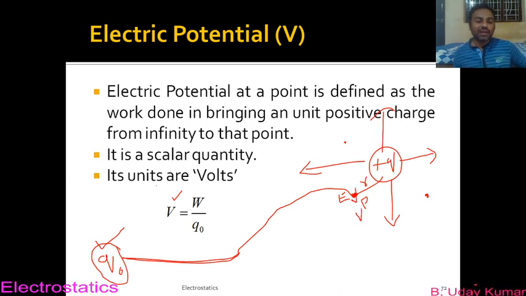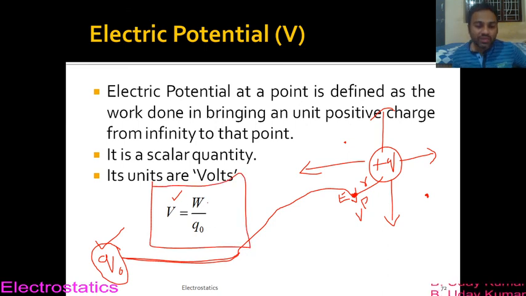Mathematically we can write that equation as V is equal to W by Q0. From the formula itself you can write the definition. Work done in bringing a unit positive charge from infinity to that point, we call it the electric potential, and it is a scalar quantity, denoted by V, and its unit is volts, so try to understand. So this is electric potential.